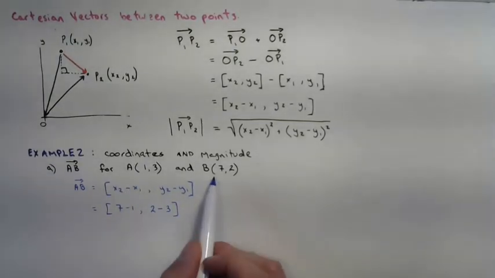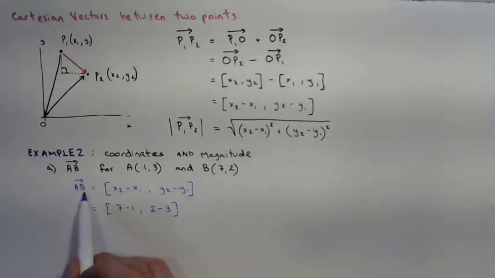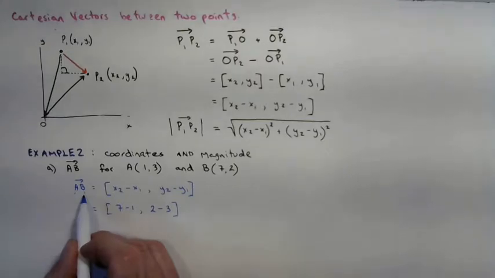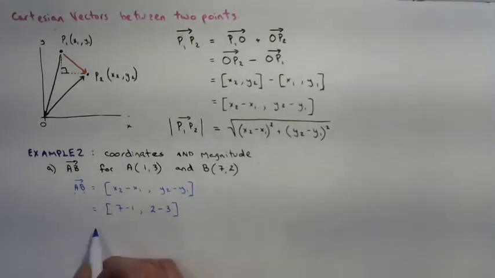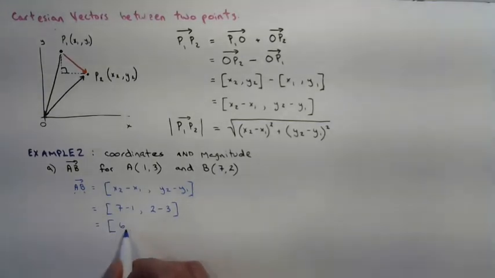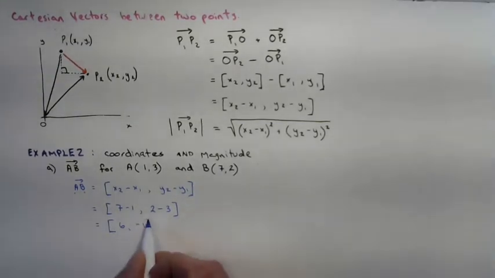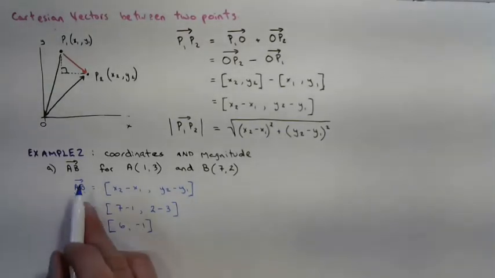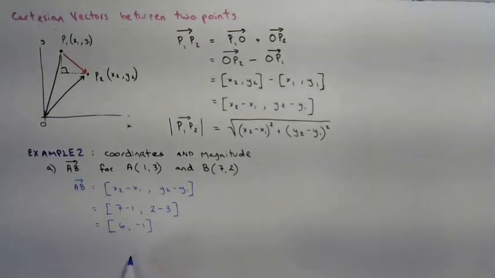It's going to matter that you're taking bx minus ax and then yb minus ya. At any rate, simplifying this, we get the vector 6, negative 1. That is the vector AB. That's the coordinates of vector AB as a position vector.